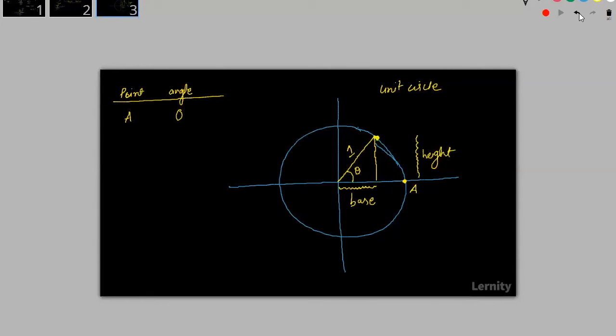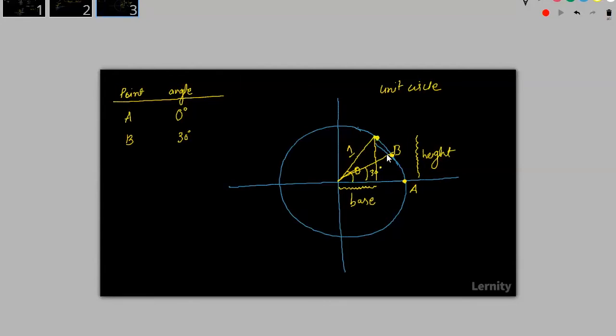Now suppose I take a point here, 0 degree, right? I'm writing in terms of degrees now. Suppose this point B is making an angle of 30 degree, right?